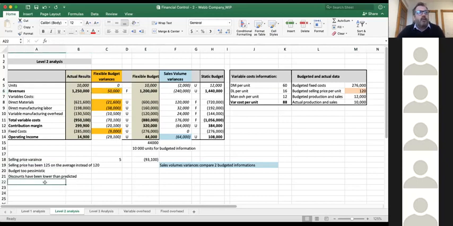Yes, that could be a good reason. It's really a question of negotiation, so discounts have been lower. That's a good one. And budget too pessimistic. It's always a good one to say that as well.